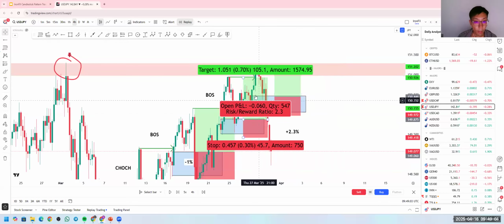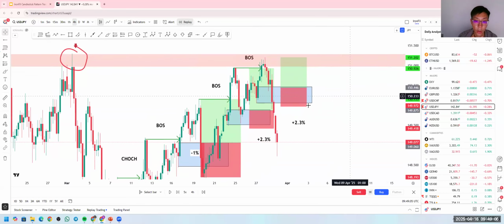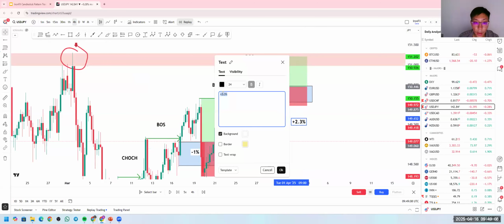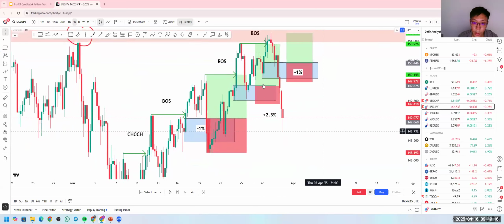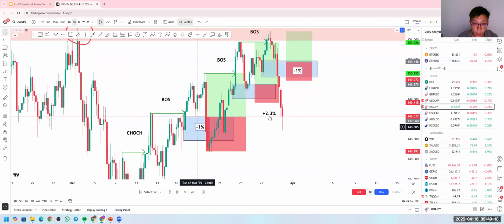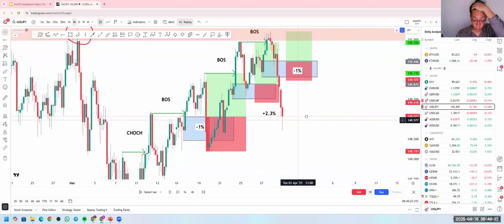So you should stop buying already. But I was just showing you guys, let's say we minus 1% here as well. So minus 2% total, plus 2.3, you are still up 0.3%. Using 1% per trade as an example is mainly because of prop firms and stuff like that.